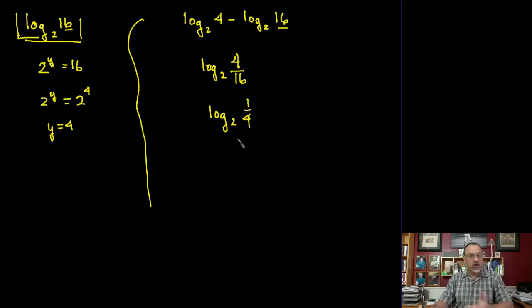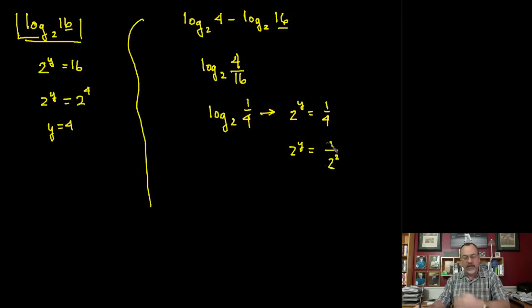Now that it's a single logarithm, I can apply the inverse function, or change it to its exponential form, in order to evaluate it. So going back to what we learned in the lesson previously, the logarithm means what is the exponent of 2 that will give me 1/4. Now again, I need a base of 2, so I can change this to 1 over 2 squared, changing the 4 to a base 2, but in order to have the base in the numerator, I'll need to move that up.